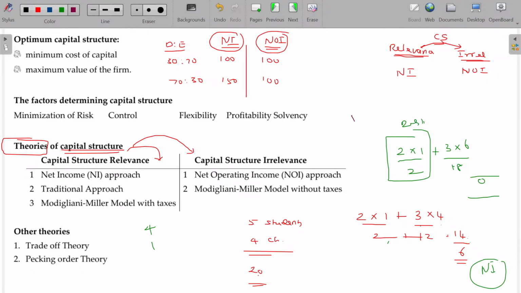But what happens in case of NOI approach? Sir, by adding the debt component, rather than paying 2 into 4, 8, you are paying 2 into 1, only 2. You are saying you are saving 6. But by adding the debt component, indirectly, equity shareholders' risk is increasing. Isn't it?